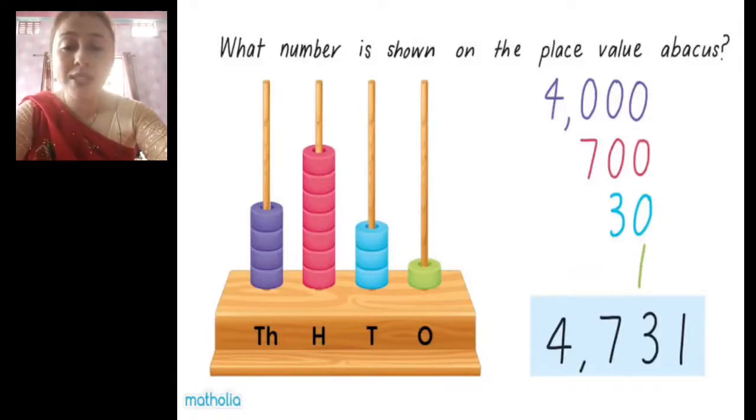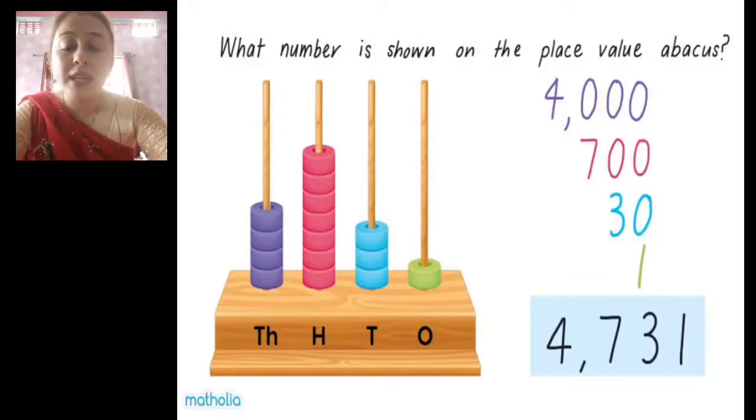You can see that there is an abacus, and in ones position we are doing 4-digit numbers, so it will go till the 1000 position. In ones position there is 1 bead, so we will write 1. In tens position there are 3 beads, so we will write 3, which is 30 tens, yes, 30.